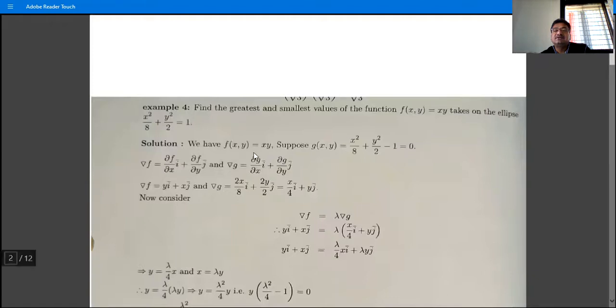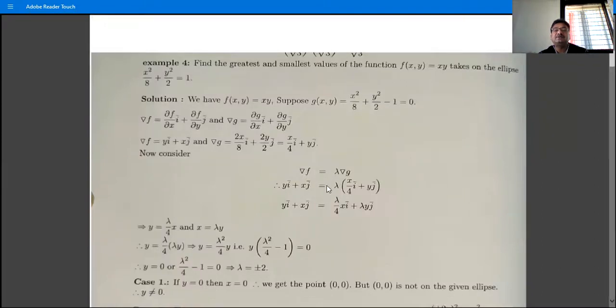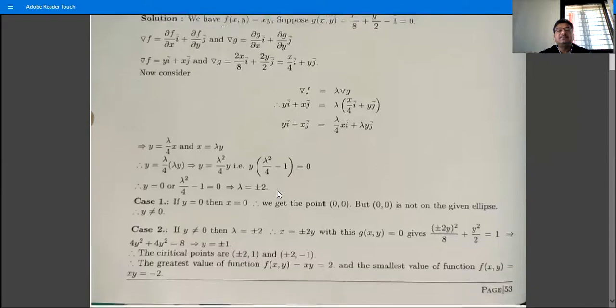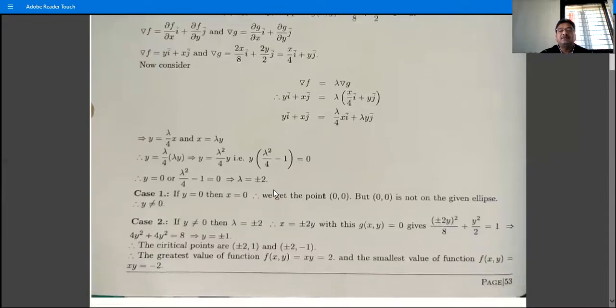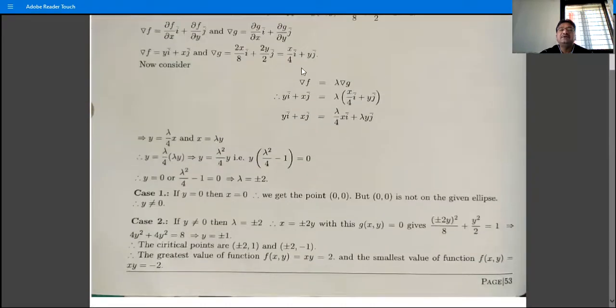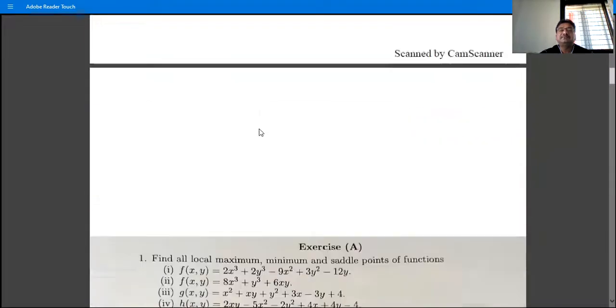This condition is denoted by phi(x, y), and this is small f, x into y. Then construct the auxiliary function capital F equal to small f plus lambda into this condition, and then differentiate with respect to x, y, lambda, equating with 0. Those are equations 1, 2, 3, 4. Then apply the procedure and find the values of x, y, z.